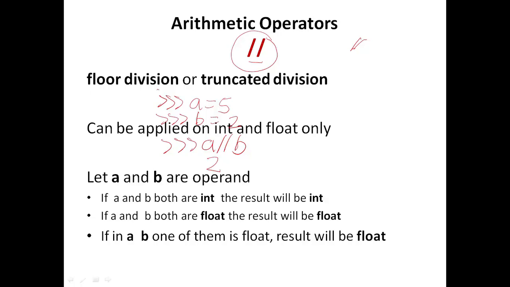And if one of them is of float type, the answer will be 2.0. So the exact answer would be 2.5 if we calculate mathematically, but it will truncate the decimal part, or it will go for the floor value of this, and the floor value would be 2.0.